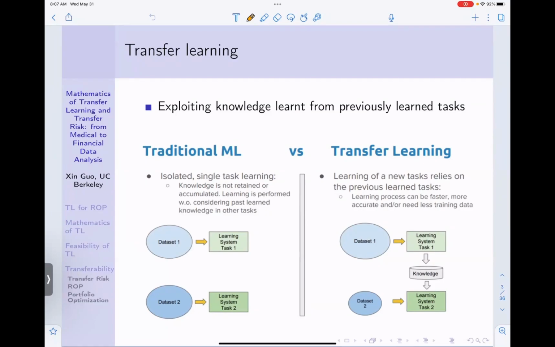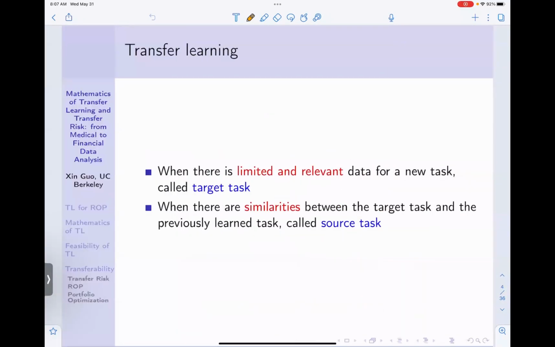And when do you do this? Transfer learning is usually used when you have a new task, which in the terminology is called the target task. So that's your target, which is very easy to remember. But this new target task has very limited data, or very limited relevant data. You may have a lot of data, but much of it is useless.